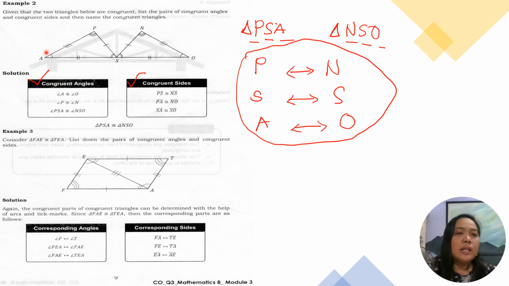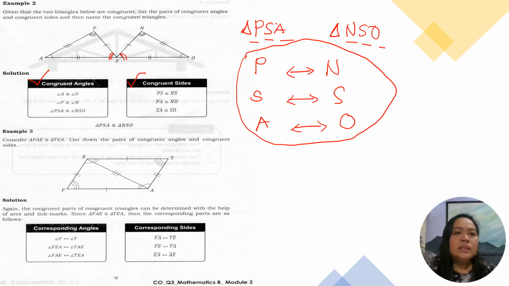As you have noticed, angle A corresponds to angle O. When you fit them together, vertex O or angle O will coincide with A. So we have here angle P also corresponds and is congruent to angle N. And angle PSA, which corresponds to angle NSO here.